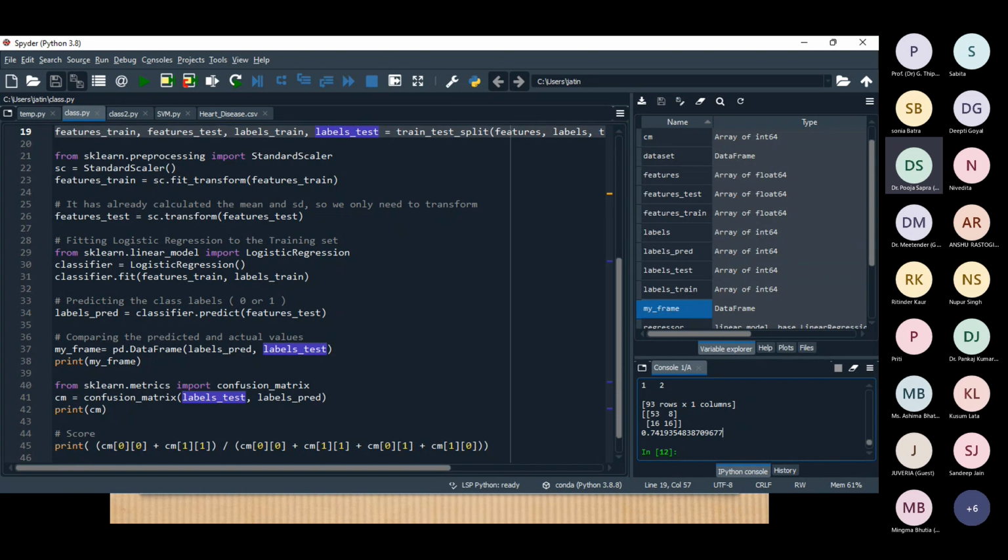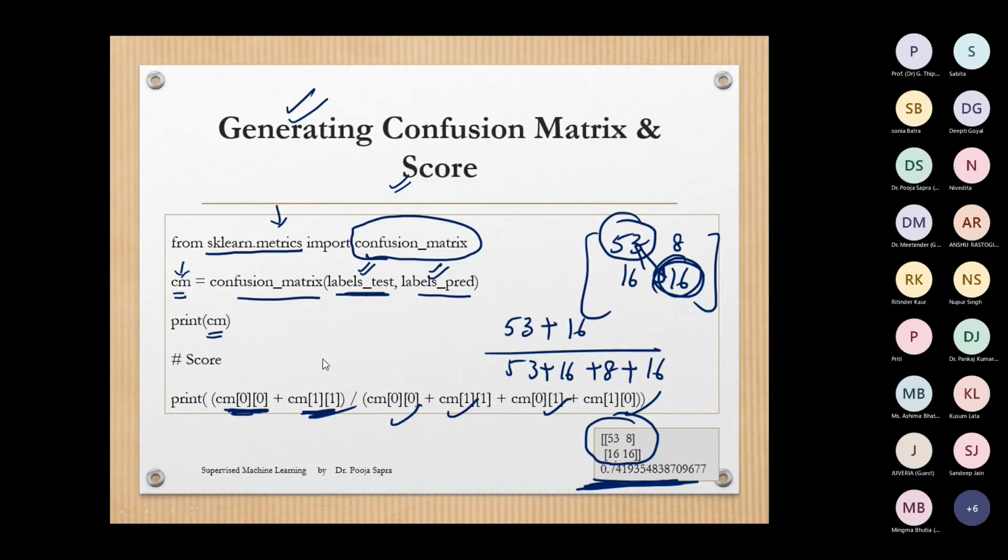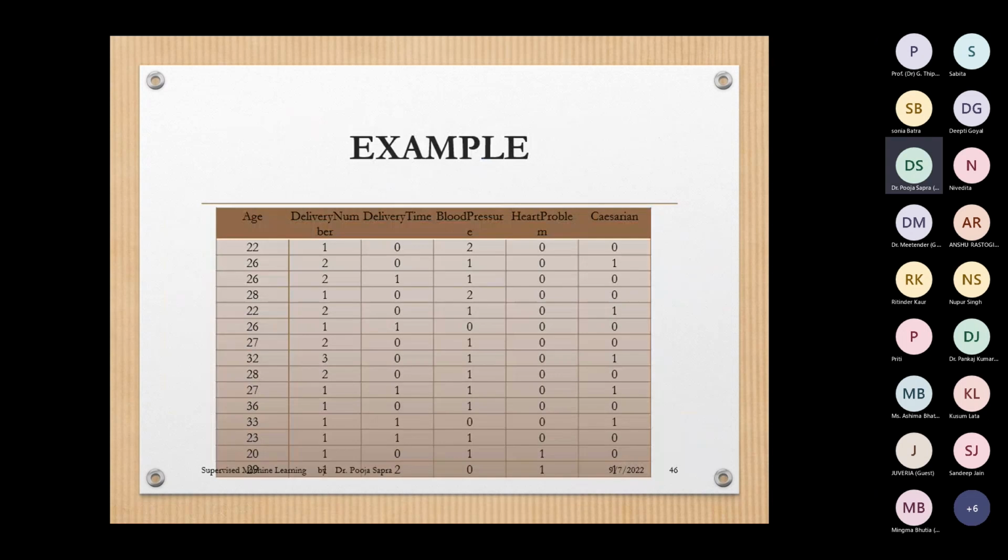Now coming to the PPTs once again, taking another example. This is again healthcare data, which says there is a woman with age 22. This is her first delivery, right? At what time it was there, what is blood pressure, whether she had a heart problem or not.